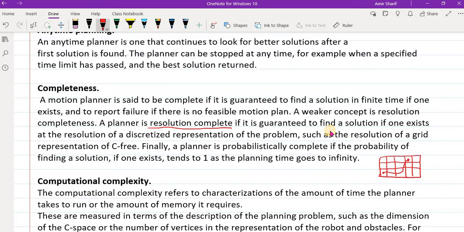Okay, another type of completeness is probabilistic completeness. A planner is probabilistically complete if the probability of finding a solution, if one exists, tends to 1 as planning time goes to infinity. So probabilistically complete planners guarantee to find a solution if you allow them to run for an infinite amount of time.